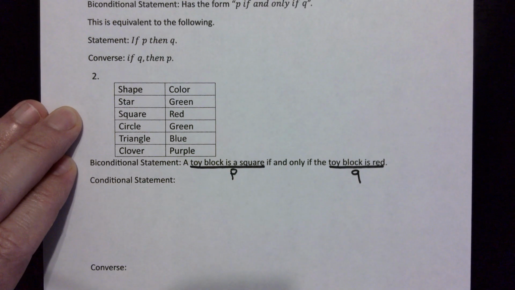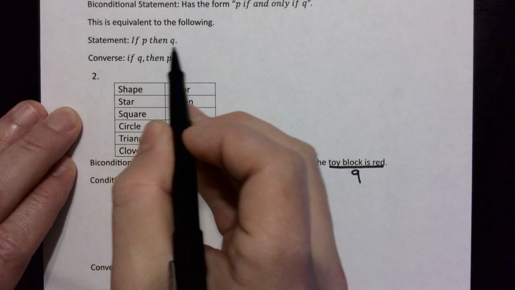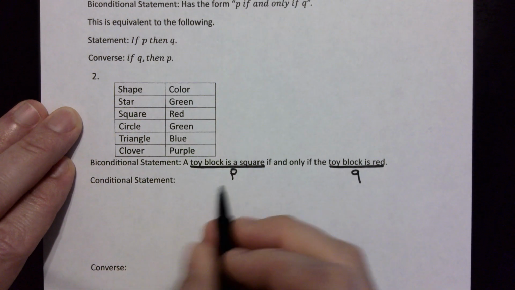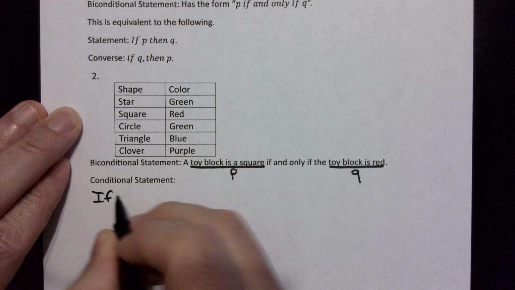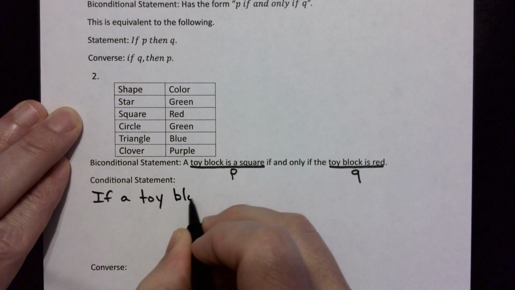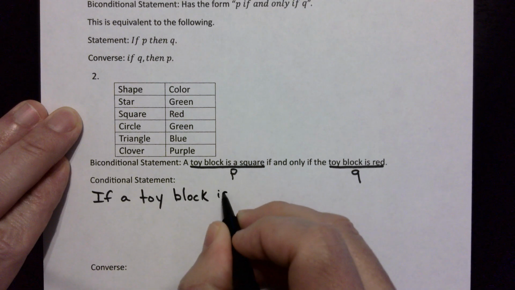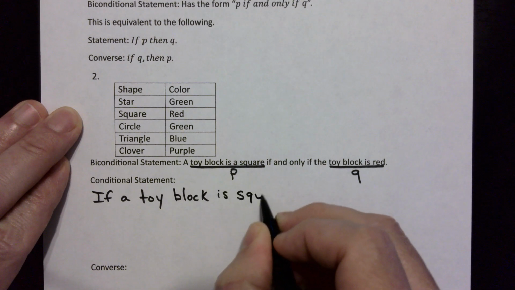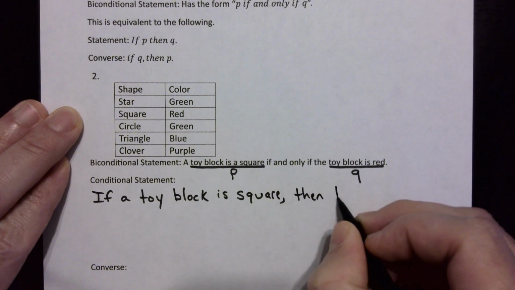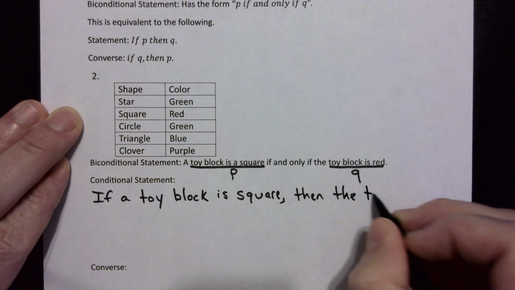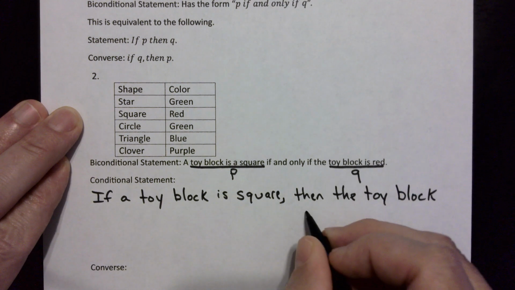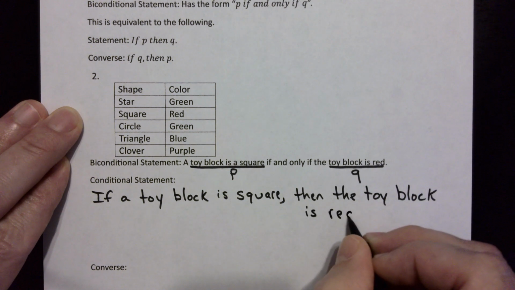The conditional statement says if P, then Q: if a toy block is square, then the toy block is red.